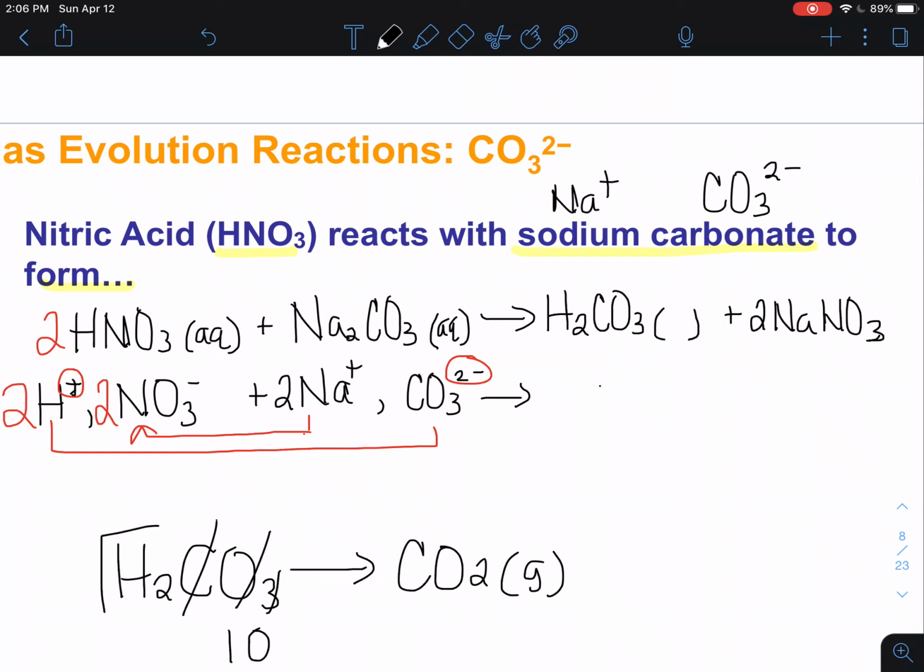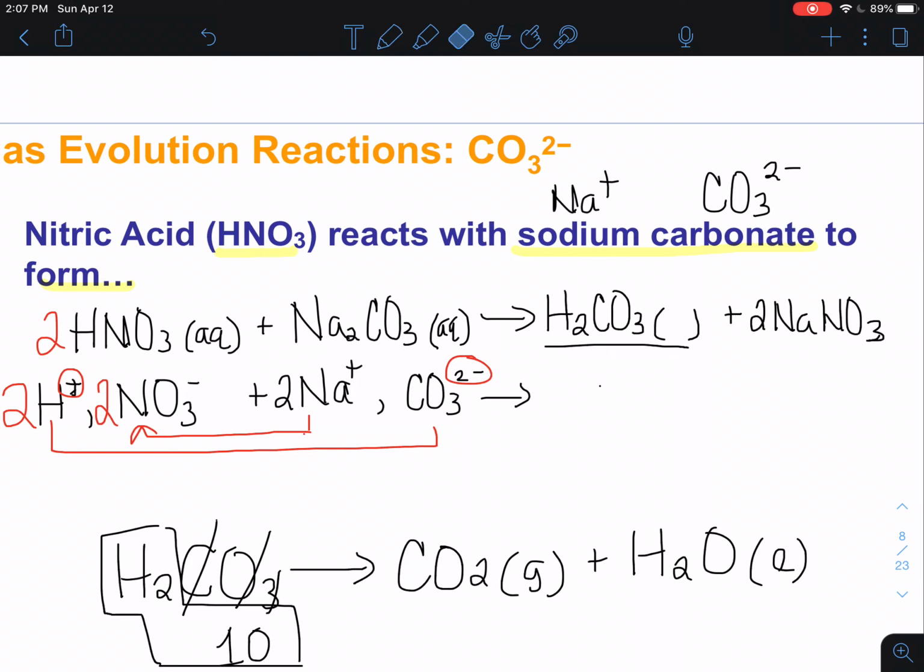So is there a compound that is made up of two hydrogens and one oxygen? Yes. So this is going to decompose into CO2 and water, balanced. So what you want to do is I'm going to just delete that really fast.